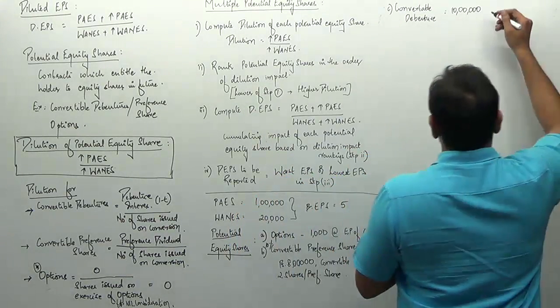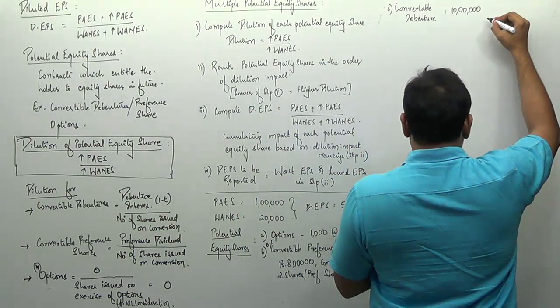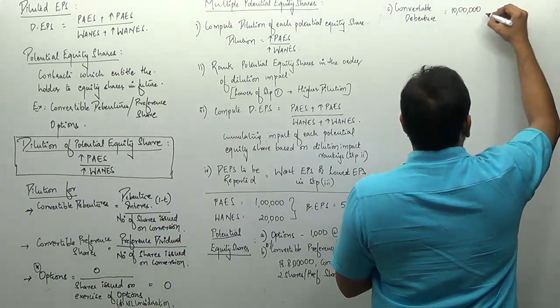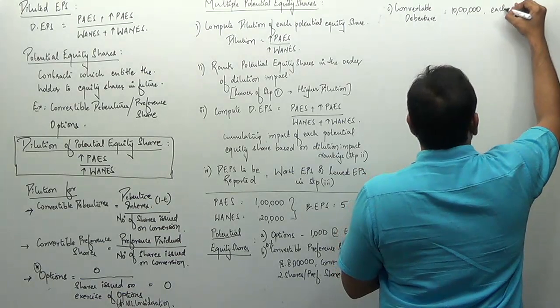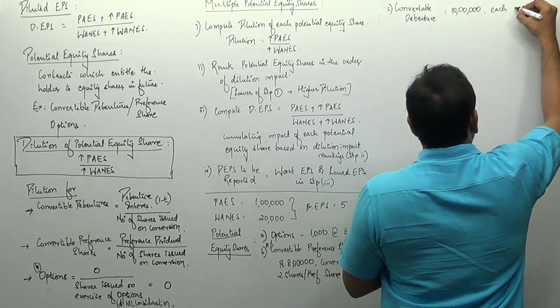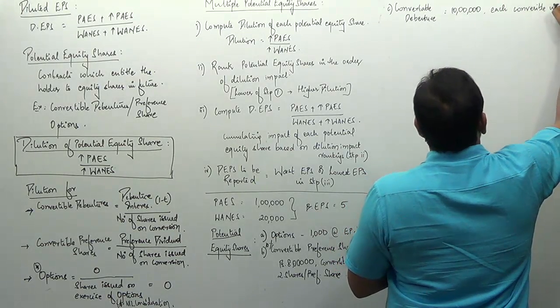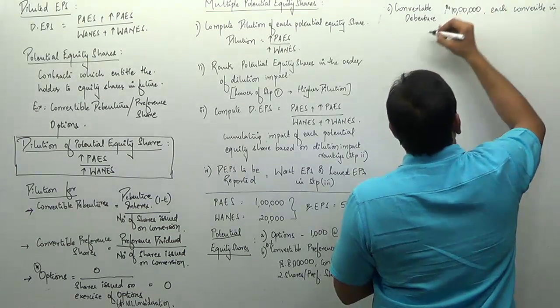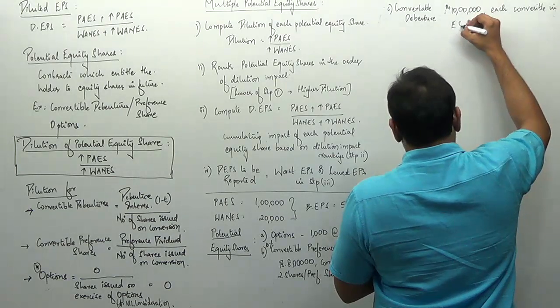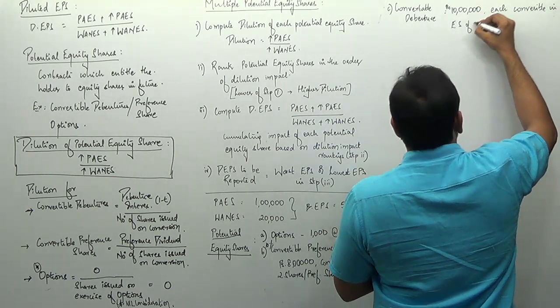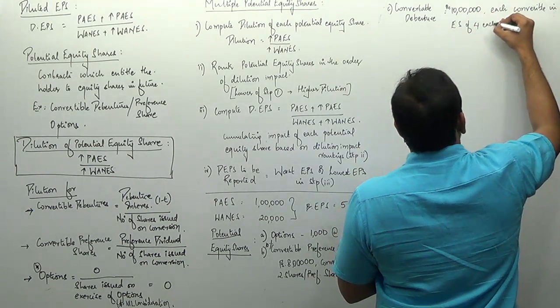Yeah, so convertible debentures of rupees 10 lakhs, each convertible into equity shares of 4 each.